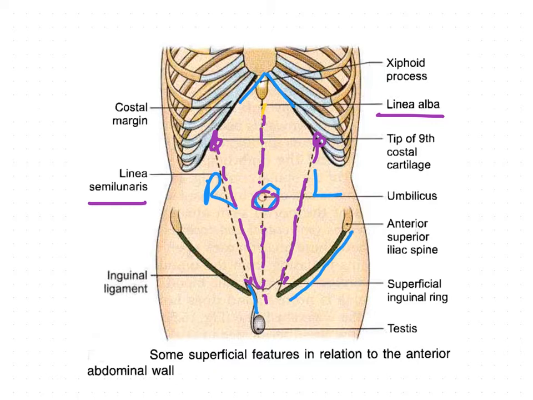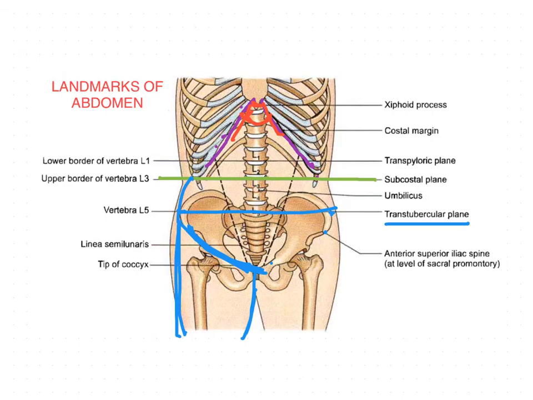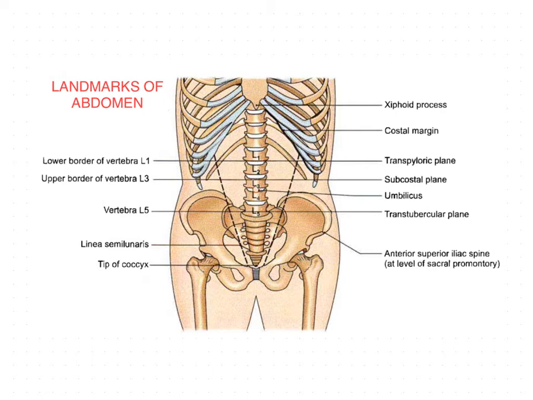Okay. Next is another important plane called the transpyloric plane. It is an imaginary transverse plane. Anteriorly, it passes through the tips of the 9th costal cartilages.